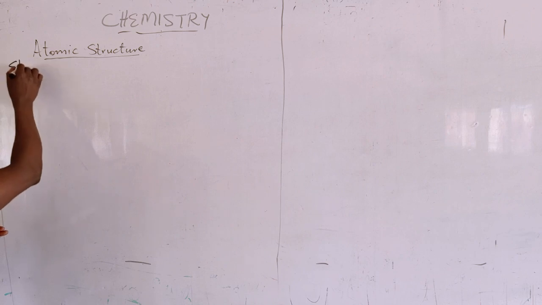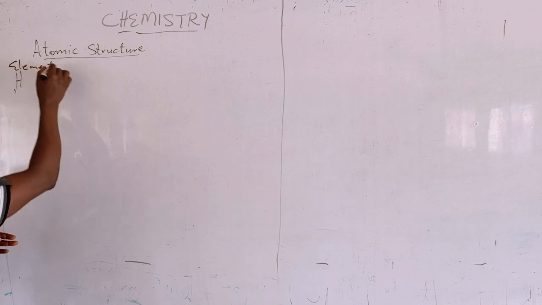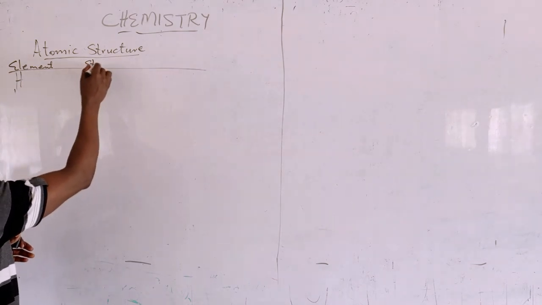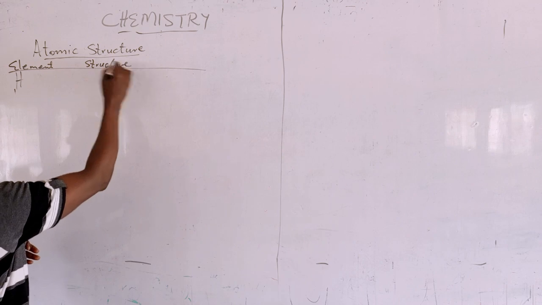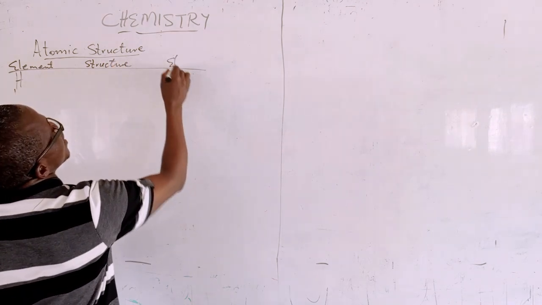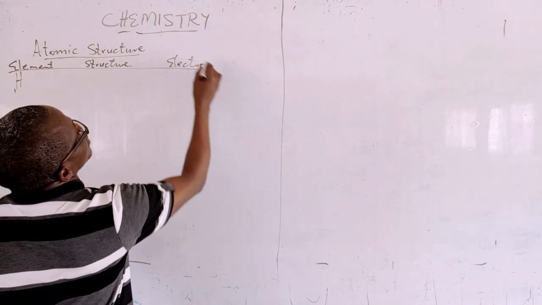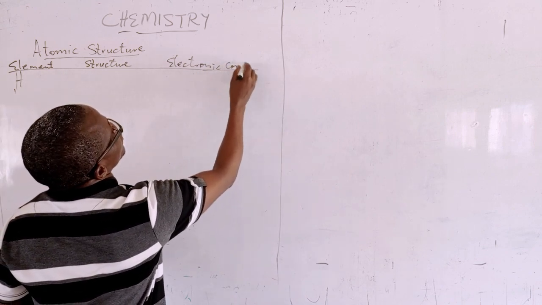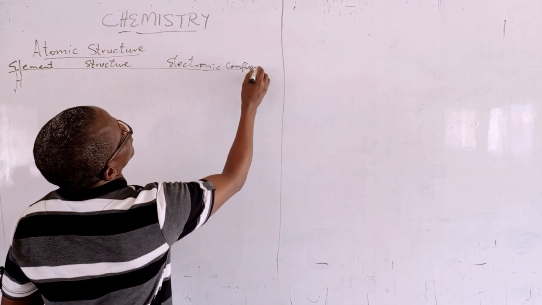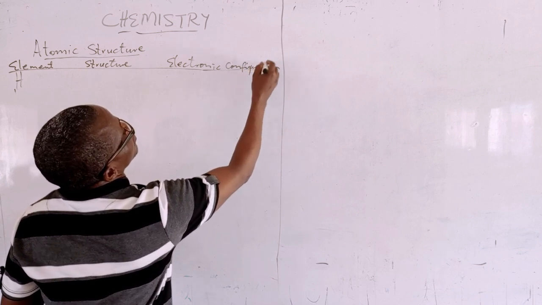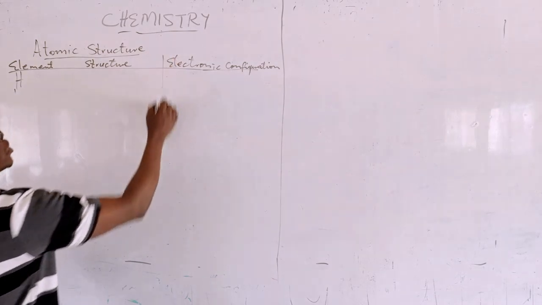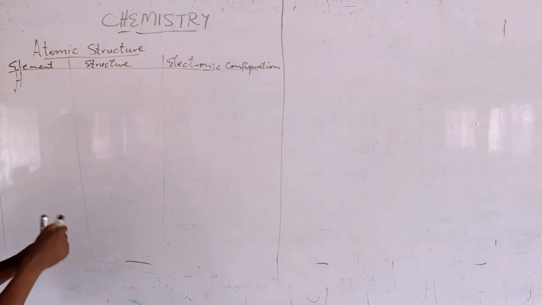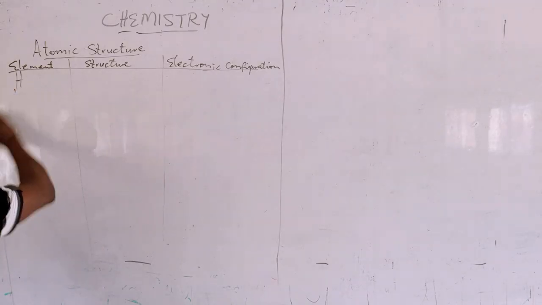If I like, I can say element, structure, and electronic configuration. If I put it in this form, the first one is hydrogen with atomic number 1.